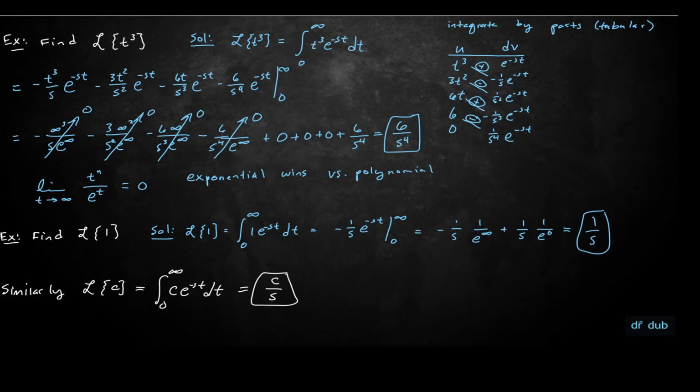Because the constant could come out of the integral, and then you would just be doing Laplace of 1. So that is an important one to remember. I'm going to give you a list to remember. And if you watch the videos that I told you to watch, you will already have seen the list more or less. Let's look at another function.